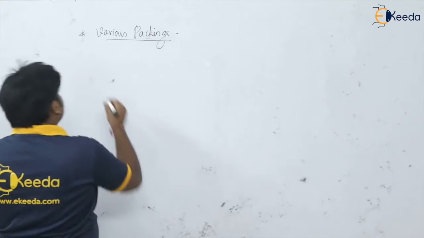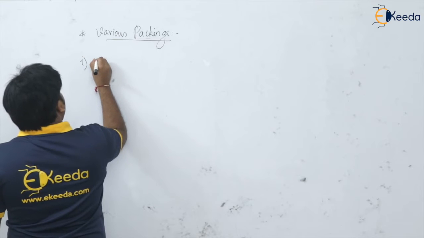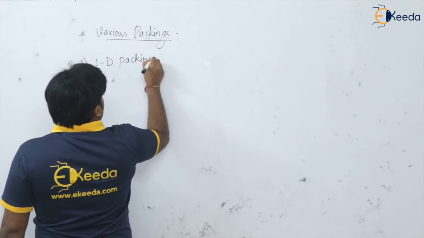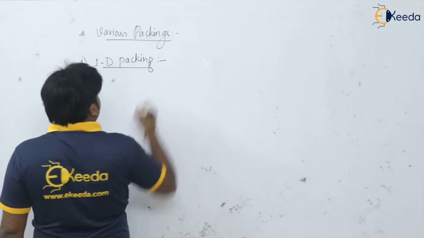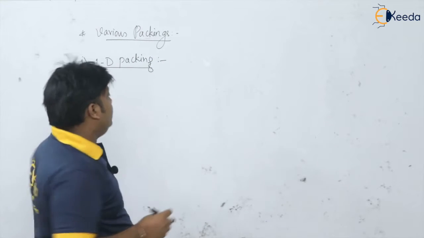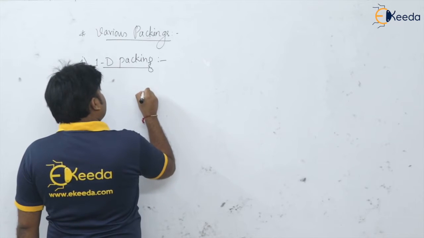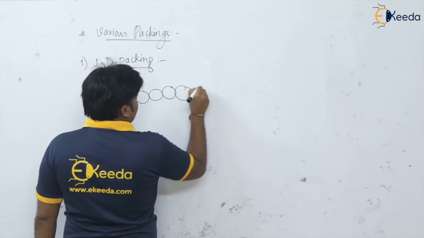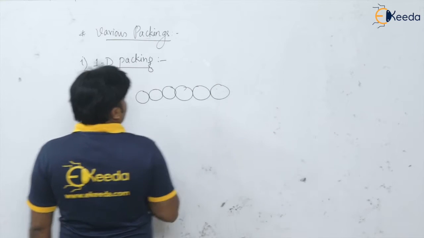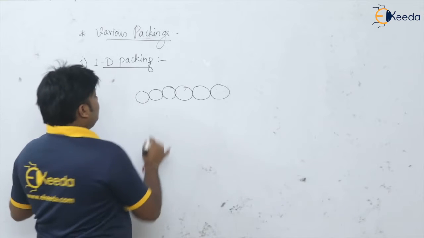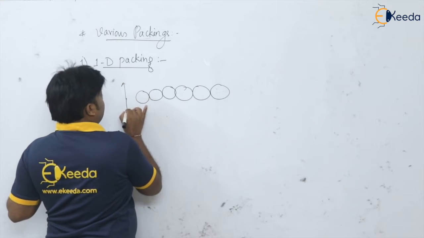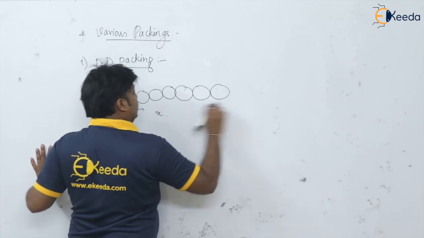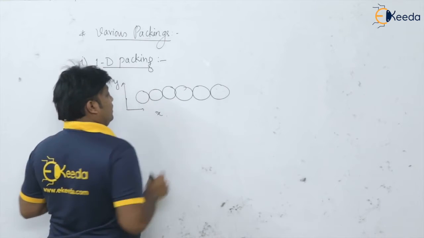So in one dimensional packing, how are the atoms arranged there? In one direction only. Suppose this is x direction and this is y direction, so we can see the atoms are arranged only along the x direction.